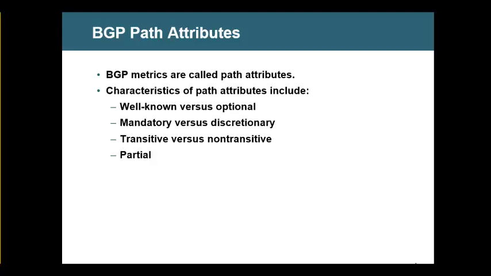Well-known means what? Those attributes that are well known to every vendor, not only Cisco, not only Juniper and Huawei, but every appliance that runs BGP will definitely have the attribute which we call a well-known attribute.